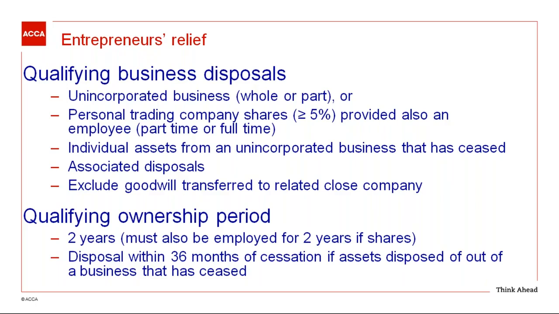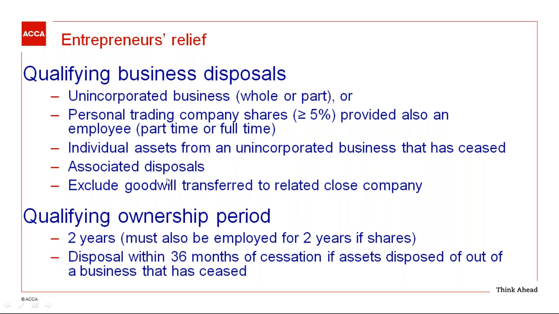However, if you are selling an individual asset from an unincorporated business where you have ceased trading, that means the business is no longer in operation, you have stopped doing business, and you sell an individual asset within a period of 36 months from the date of cessation, then you can claim the entrepreneur's relief.